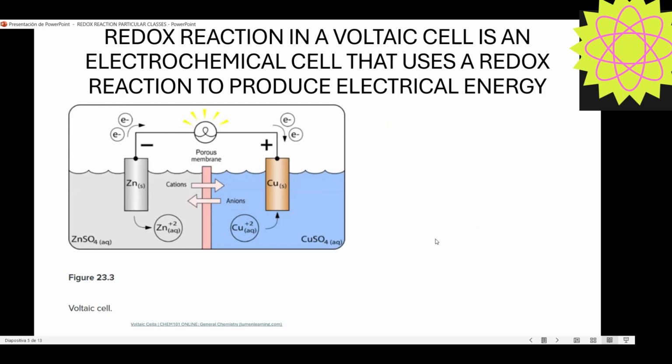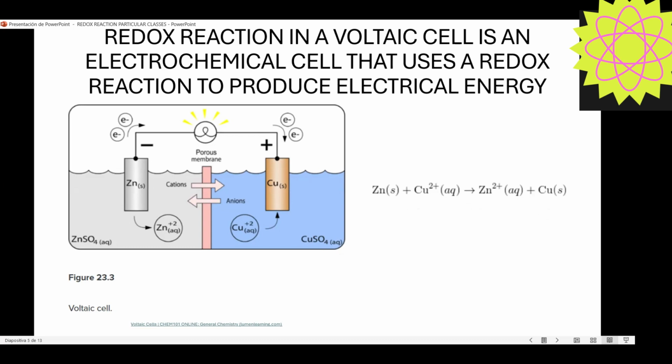A redox reaction in a voltaic cell is an electrochemical cell that uses a redox reaction to produce electrical energy. So as I had told you, we can use, for example, zinc and copper, right? So they will gain and lose electrons. This is the equation that takes place in this case.